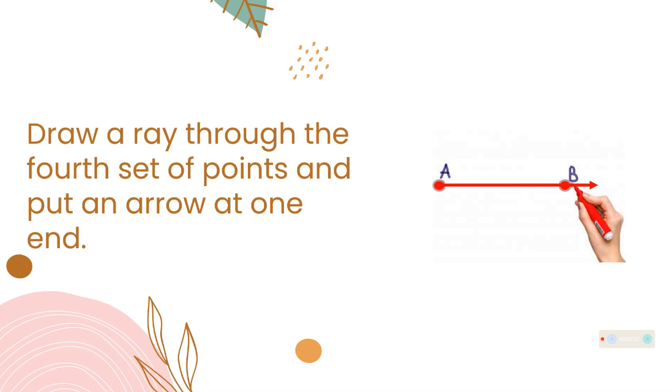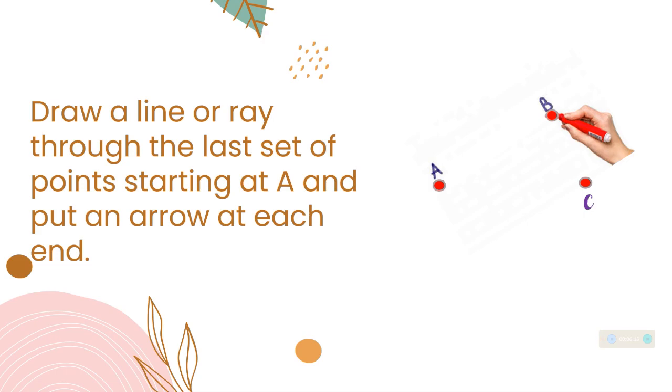We have here the arrow at point B. This is what we call a ray. It may be named as ray AB, but you cannot name this as ray BA. That's wrong. So again, you will just name this as ray AB.